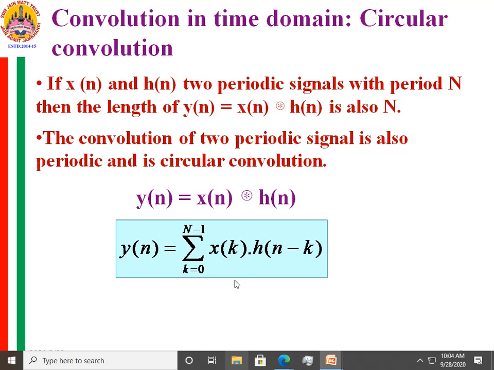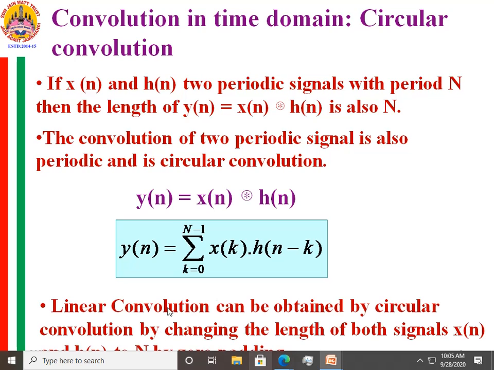That is why the linear convolution can be obtained by the circular convolution also by just changing the length of the convolution from N to M plus P minus 1. This is what I have explained in the previous class also.